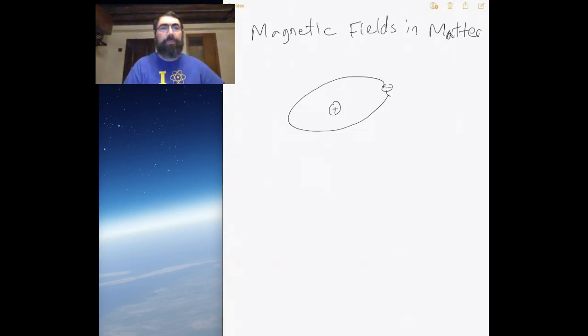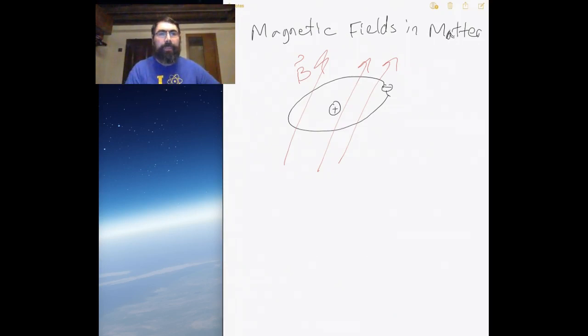So we're now going to consider a single atom like this, and then we're going to put a magnetic field across that atom, like so.